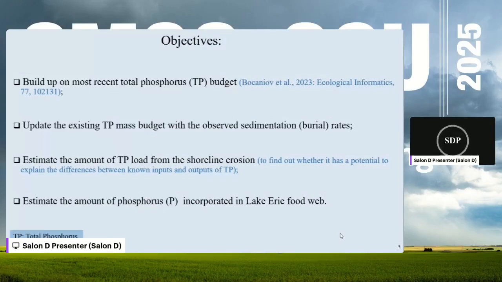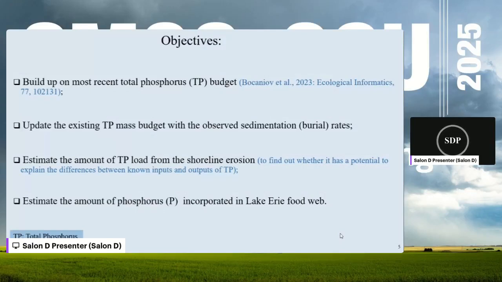Those previous budgets showed that the sum of all outputs was larger than the sum of all inputs, showing some kind of deficit. So in the study we decided to estimate the amount of total phosphorus loads from the shoreline erosion to see if it's able to balance that difference.